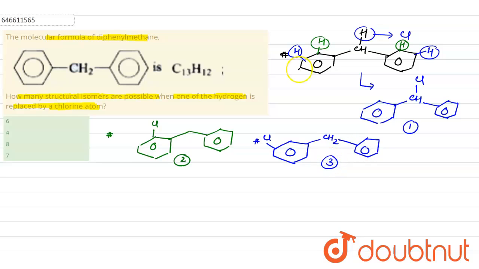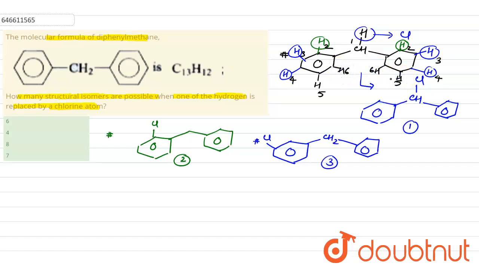Now we can also replace these two hydrogens. These two hydrogens have the same environment. I'm marking them. This is the first hydrogen, this is second, this is also second, third, fourth, here is fifth, this hydrogen is fifth, this hydrogen is sixth, this is the sixth hydrogen atom here.